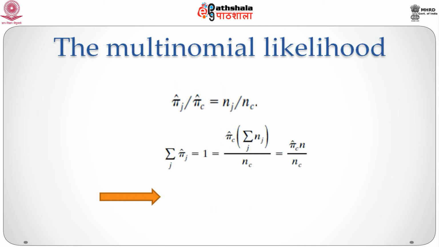This means that the maximum likelihood estimator obeys the relationship pi j hat by pi c hat is equal to nj by nc, and using the restriction summation of pi j hat equal to 1, equal to pi c hat into summation of nj over j by nc, equal to pi c hat n by nc, where n is the total sample size, leads to the maximum likelihood estimators pi j hat equal to nj by n.